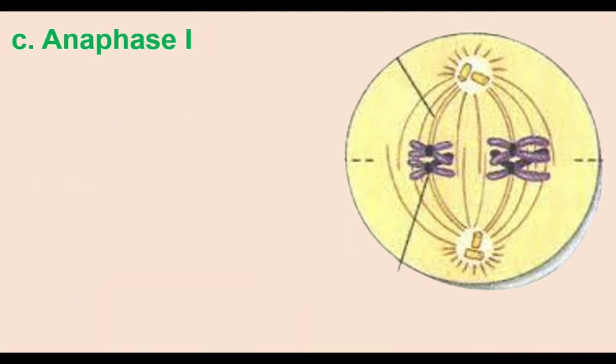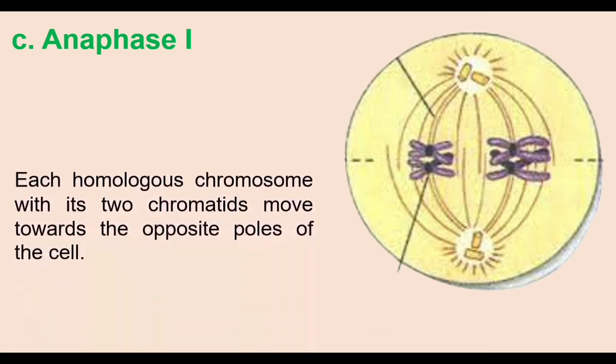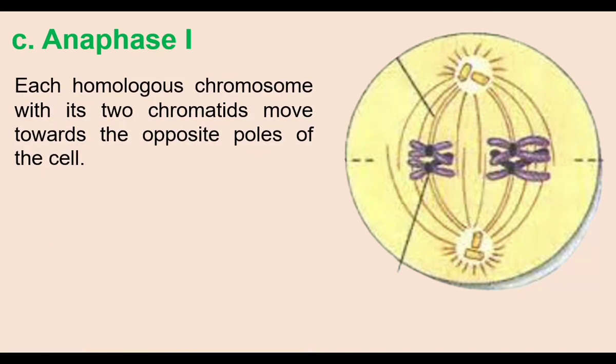In anaphase, the chromosomes move towards opposite poles. In this picture, we see two pairs of chromosomes. In each pair, one moves towards one pole, and the other moves towards the opposite pole. Each homologous chromosome with its two chromatids moves towards the opposite pole of the cell.